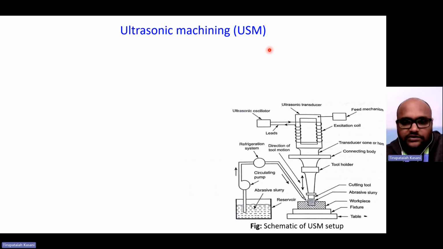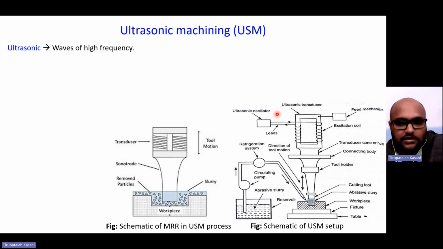Okay, and the next one is the ultrasonic machining process. What is this ultrasonic machining process? See here, the schematic of the ultrasonic machining process setup. Here we will start with this. This is the ultrasonic oscillator. Whenever there is a power supply, these are the ultrasonic waves of high frequency.